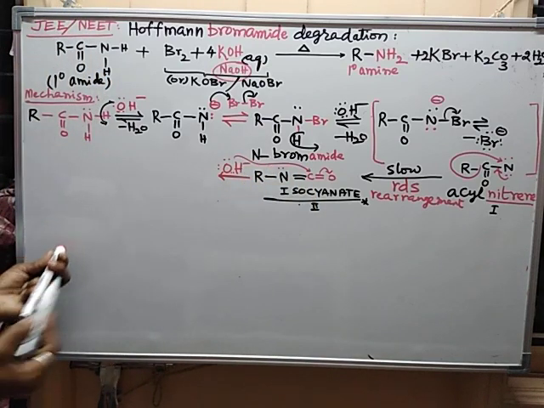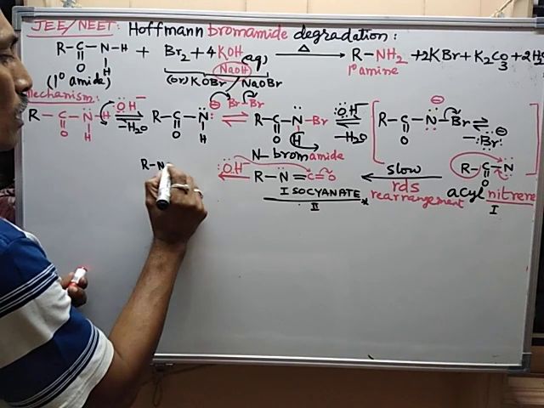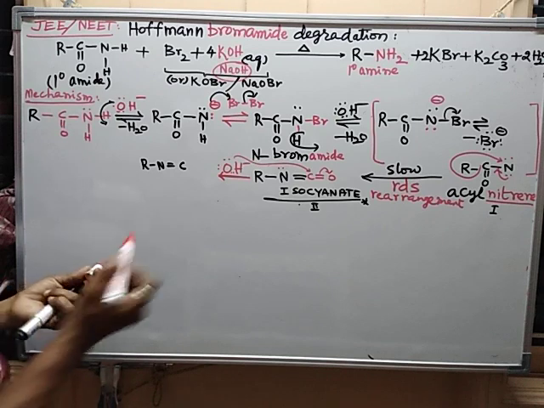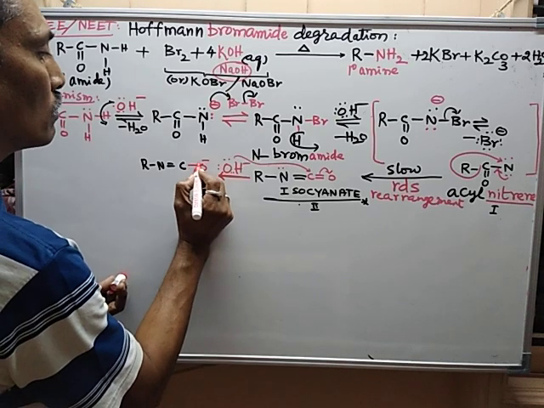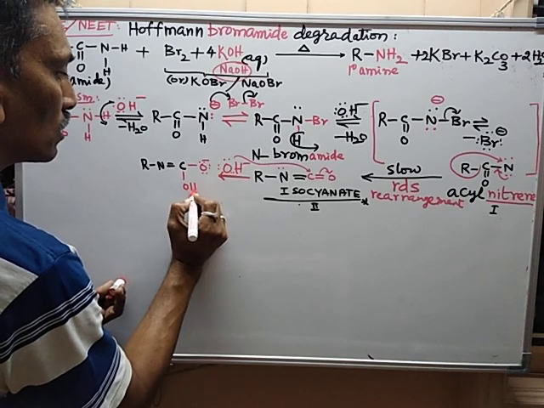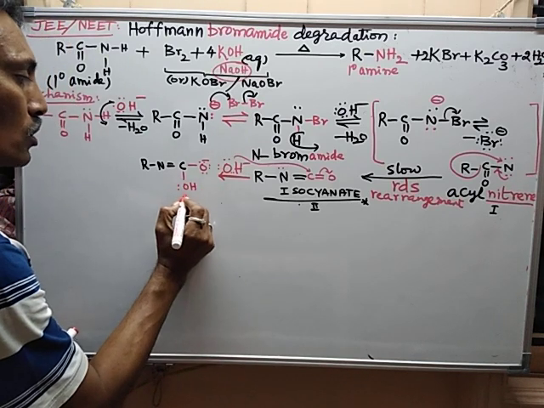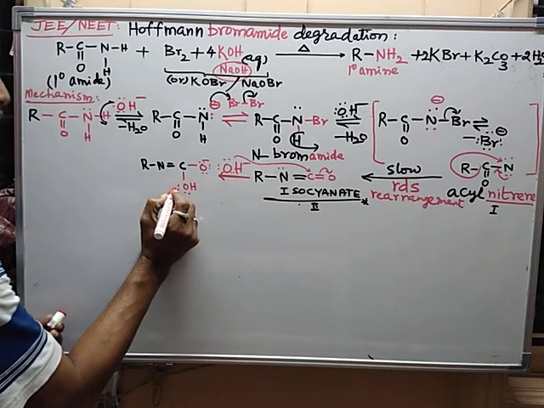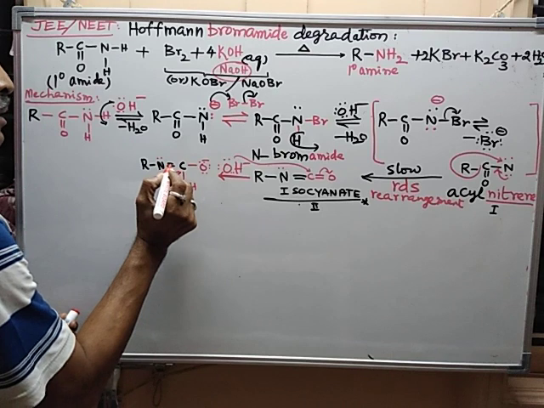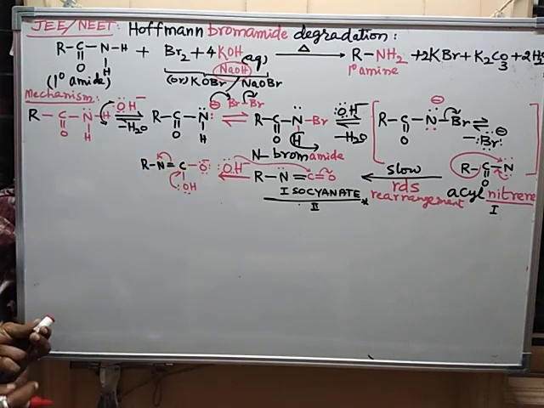Then it is written like this: R-N double bond C, and that C double bond O becomes O minus, and OH is attached. The pair of electrons on this oxygen atom start migrating between carbon and oxygen, and the pi electrons of this one migrate, and it is stabilized by resonance.